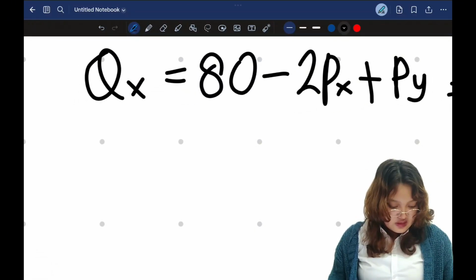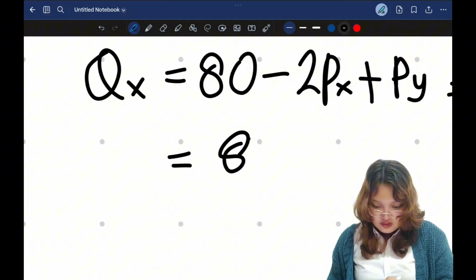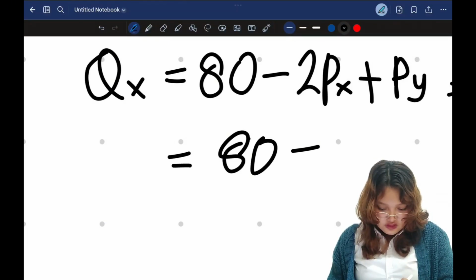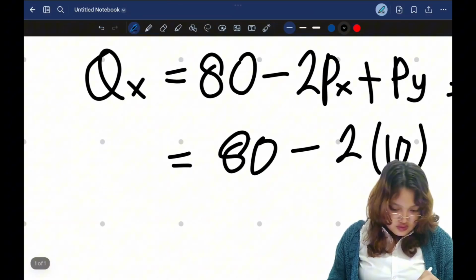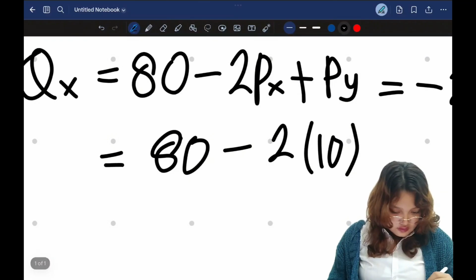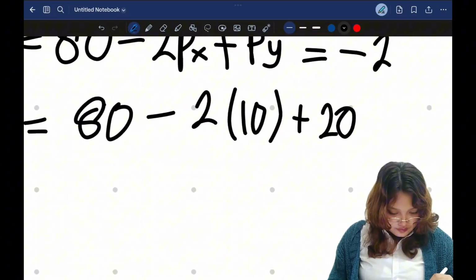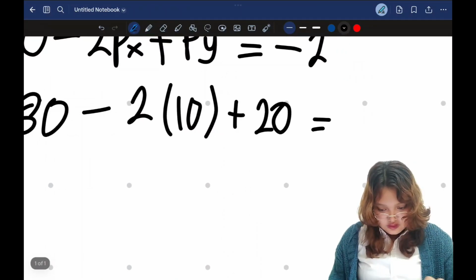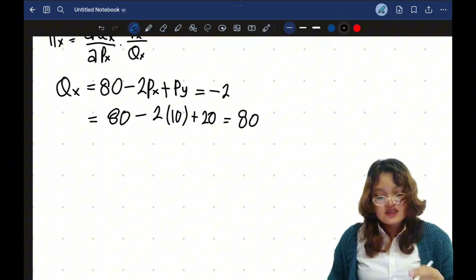The next step is to calculate Q sub X, which equals 80 minus 20 plus 20, then the result equals 80.